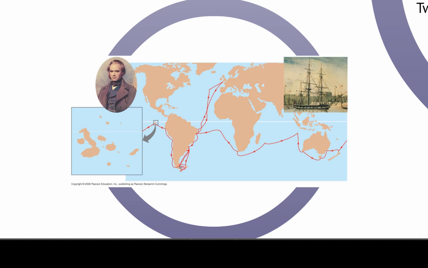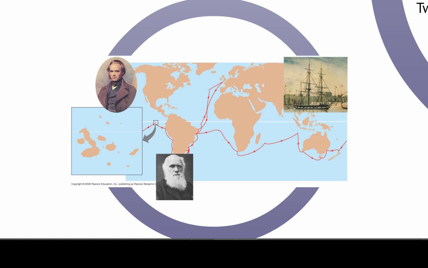And he took copious notes about what he saw. He made a lot of collections, and the notes and collections that he made as a young man, he sort of thought about for 30 years before he actually got to publishing the theory of evolution by natural selection.